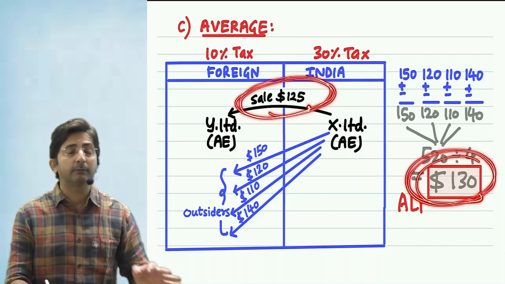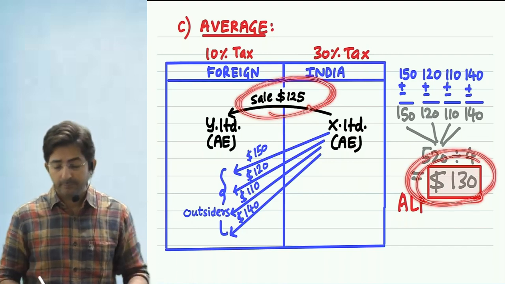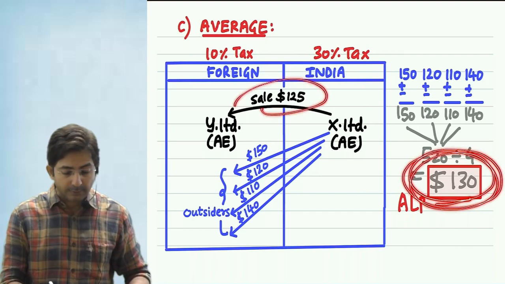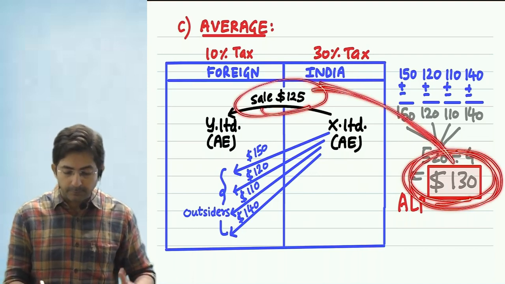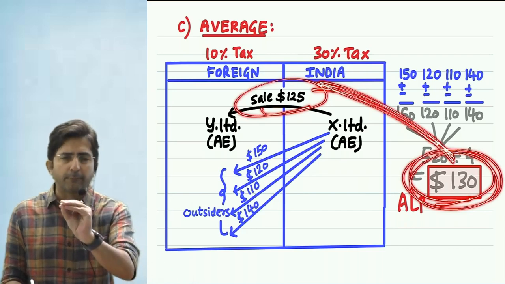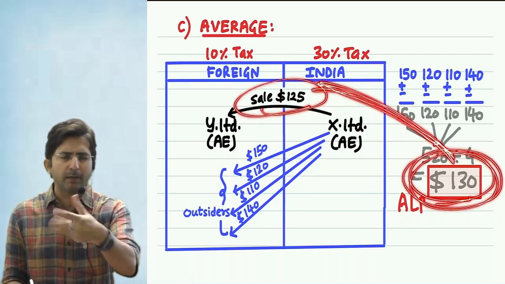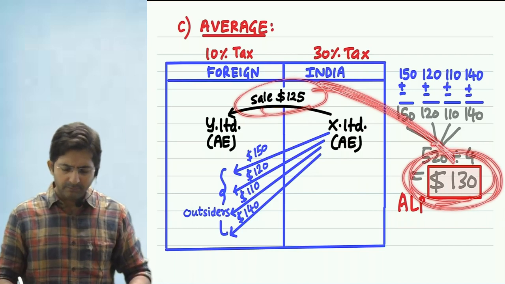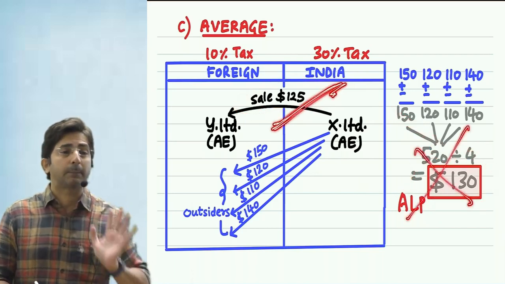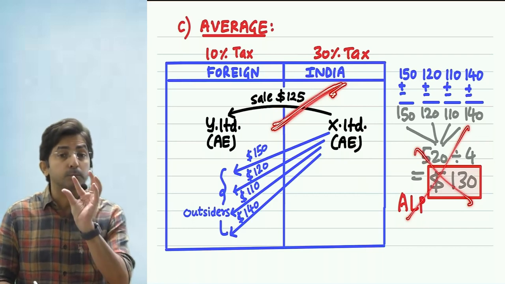If the difference between the ALP, which we calculated based on average, and the actual price, this 130 and 125, is small, then government will let go. Let go means they will say, forget ALP, you are true and genuine. Our price will be accepted, provided the difference is small.